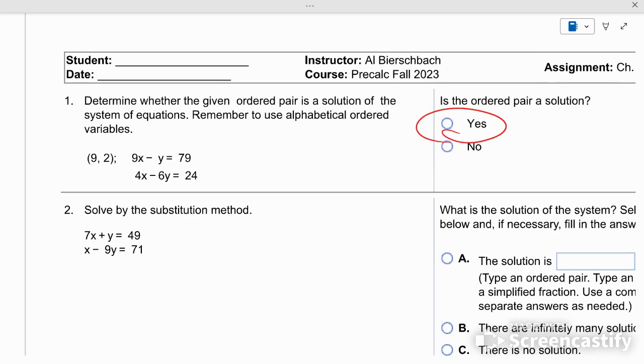Substitution method. In the substitution method, we need a variable alone. Which variable is easiest to get alone? I would say x in the second equation. And then take this and plug it in for x of the first equation.